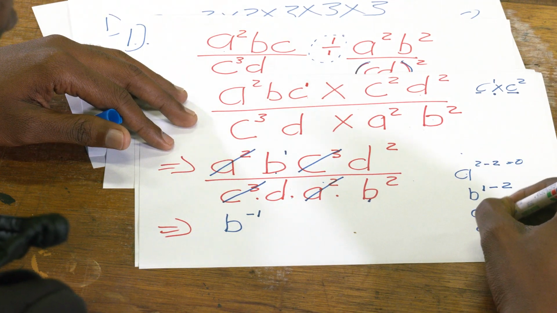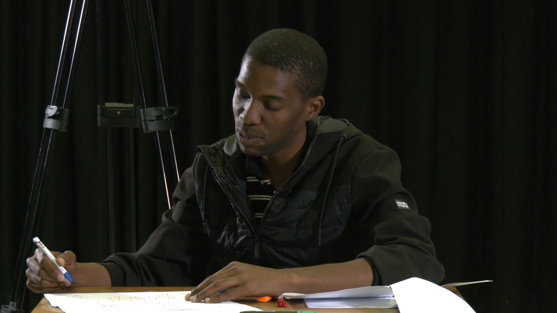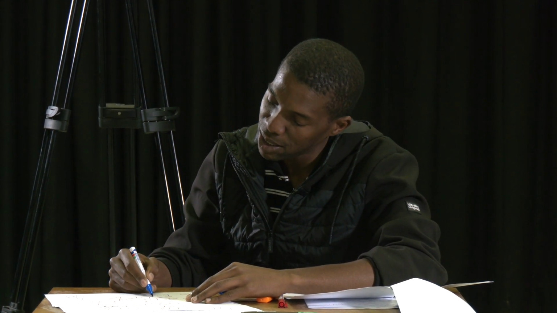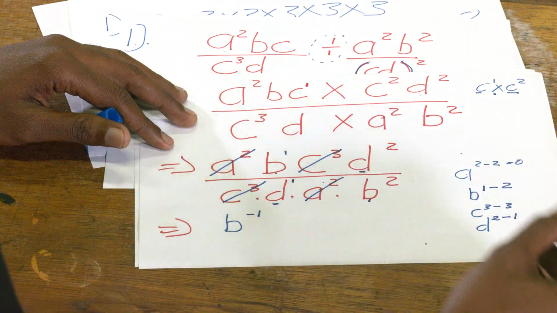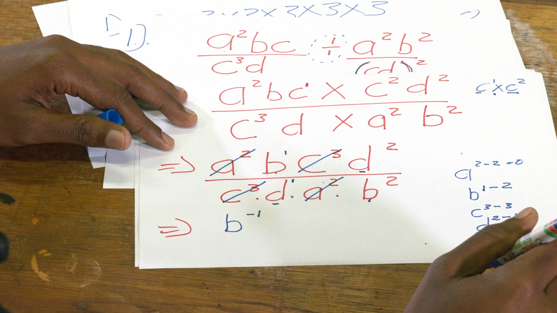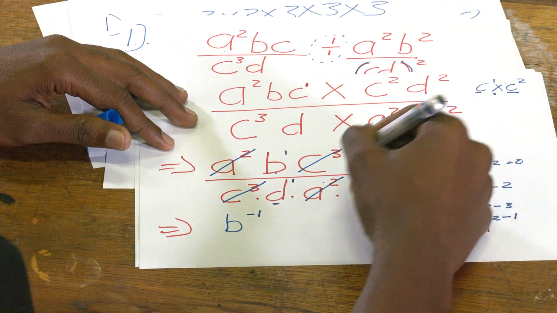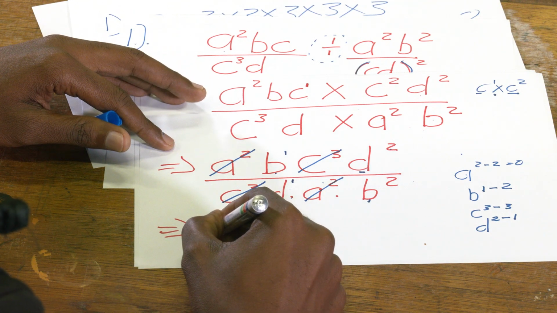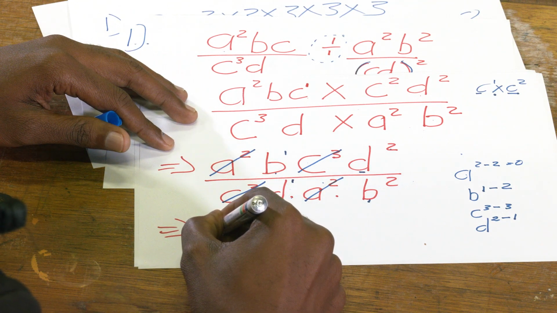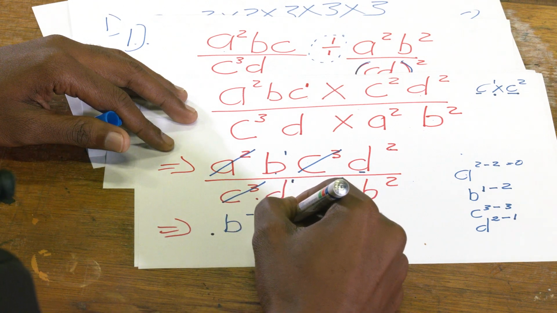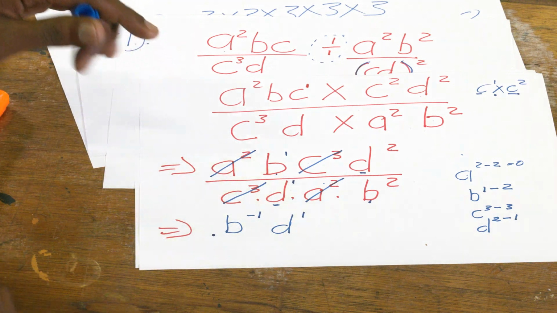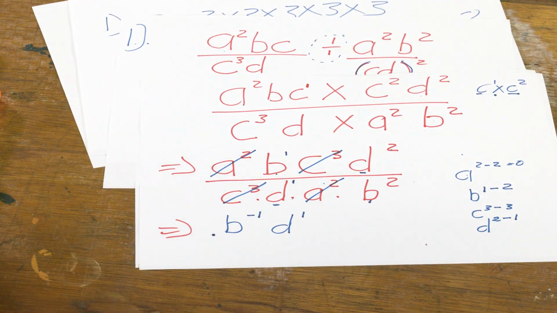So d, we have d to the power of 2 minus 1. Remember, when the variables are the same, we subtract the exponents. And here there's a 1. So d to the 2 minus 1 becomes d to the 1. So now we've got b to the negative 1, d to the 1.